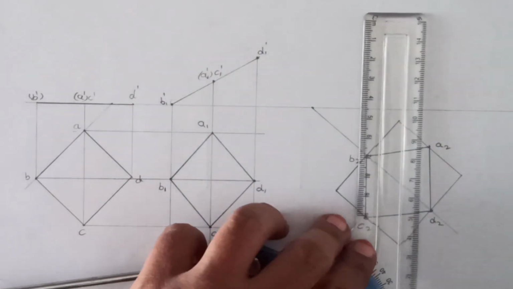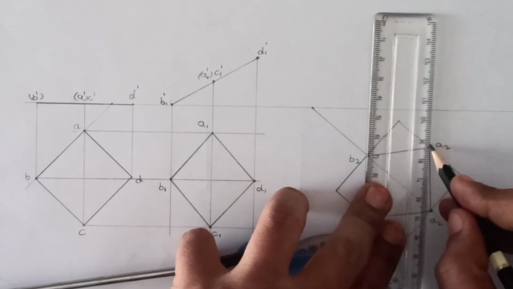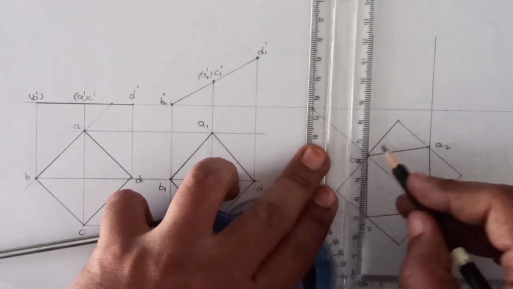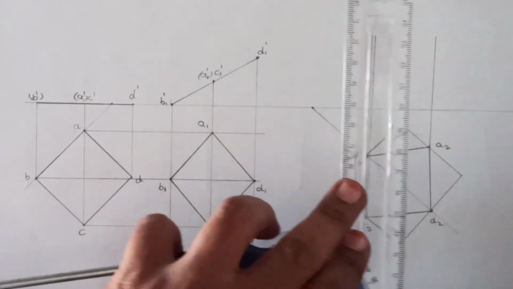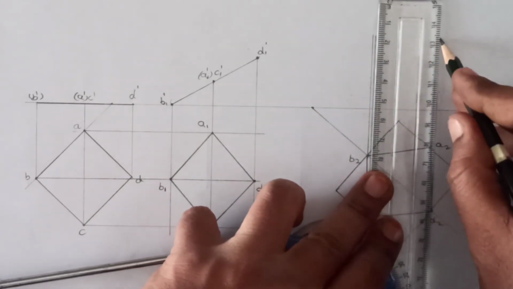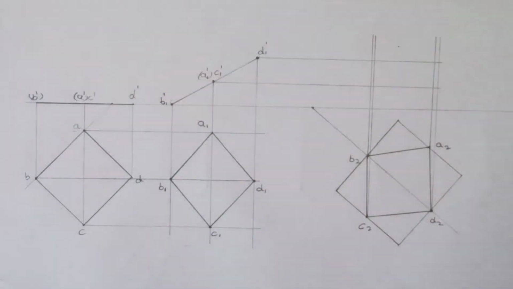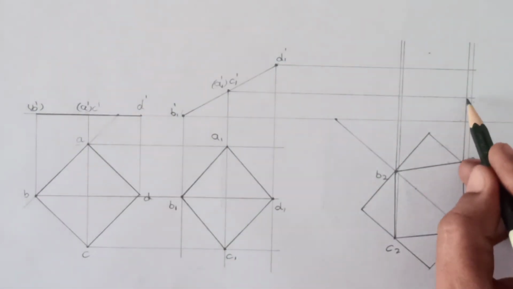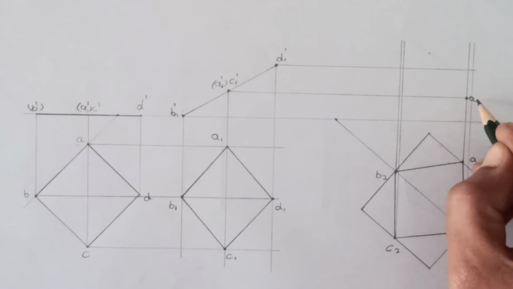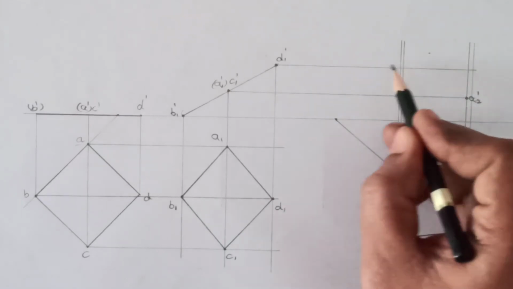Based on the final top view, we will be drawing a vertical projection, and from the previous front view A1 dash, B1 dash, C1 dash and D1 dash, we will be drawing a horizontal projection. Then as usual, we will be finding the intersection of A2 and A1 dash, which is marked as A2 dash.